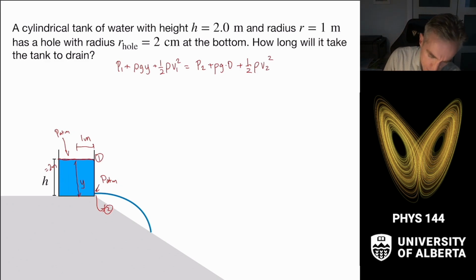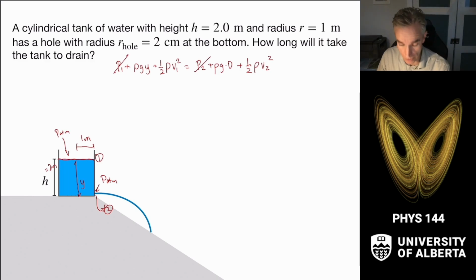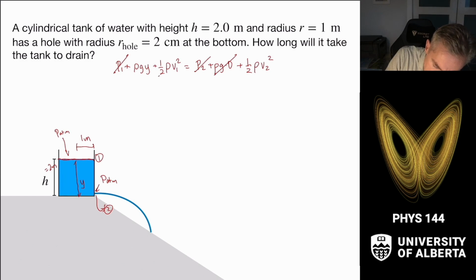P1 and P2 are equal, so we'll cancel them out. The rho g 0 term is 0. And because the tank is so much wider than the hole, we assume that the speed at the initial point in the flow is basically 0.